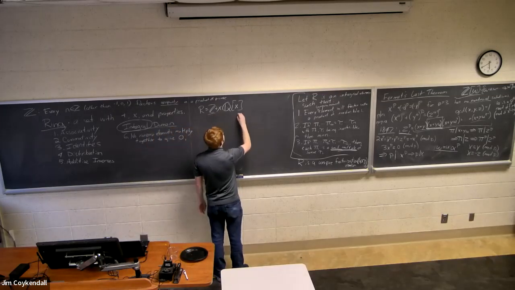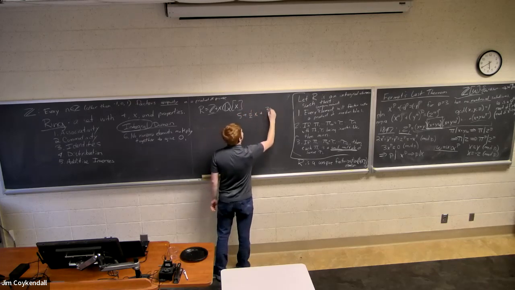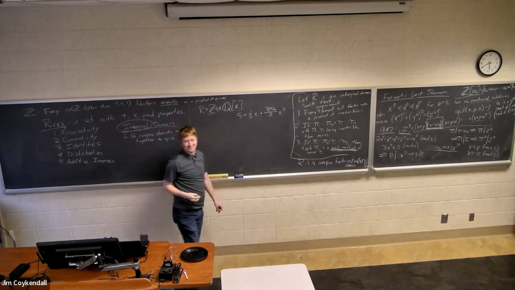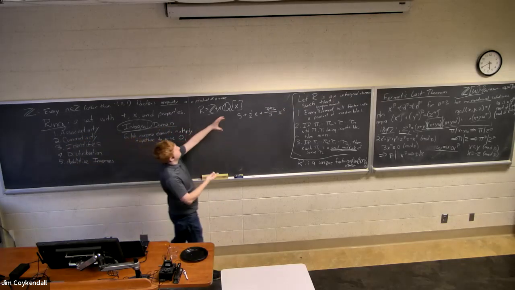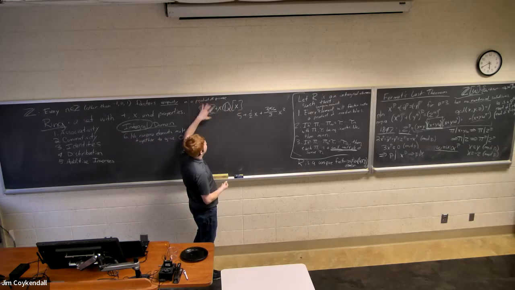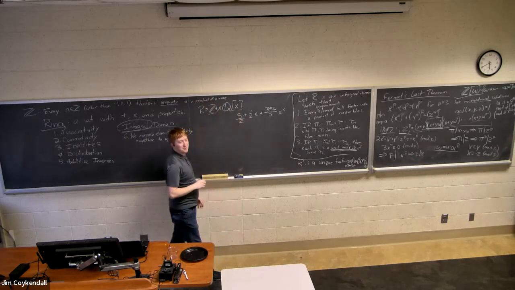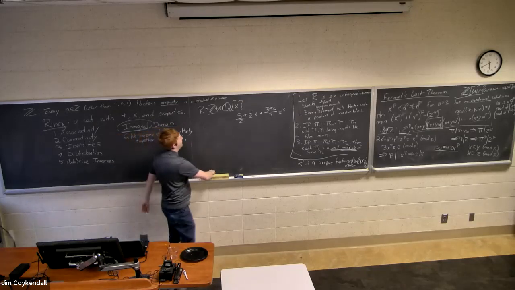So this would be something like 5 plus 1/2 x plus 356 over 3 x squared. Had to make sure that that didn't reduce. But yeah, this is an element here, but this is not. We have to make sure that those constant terms are integers.